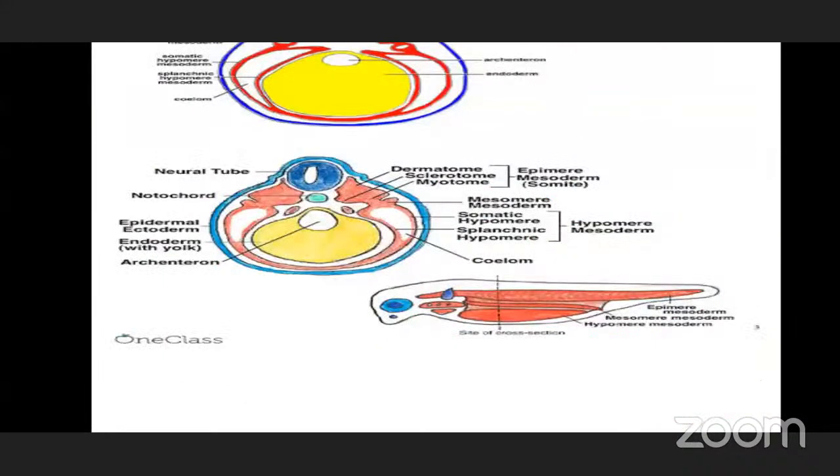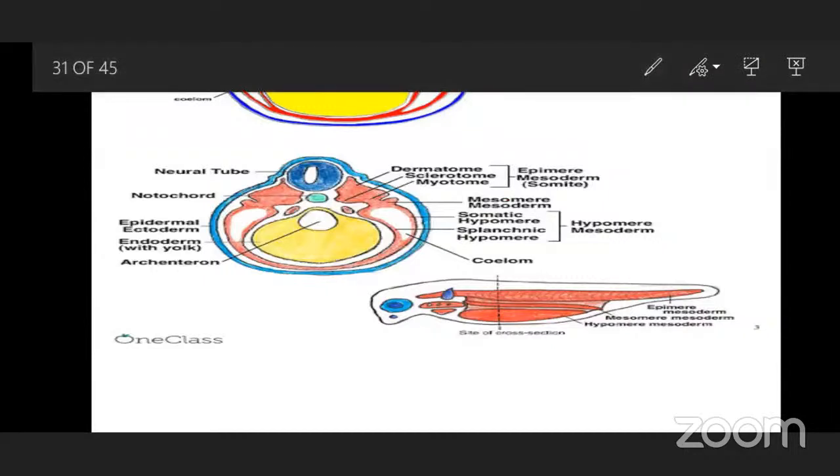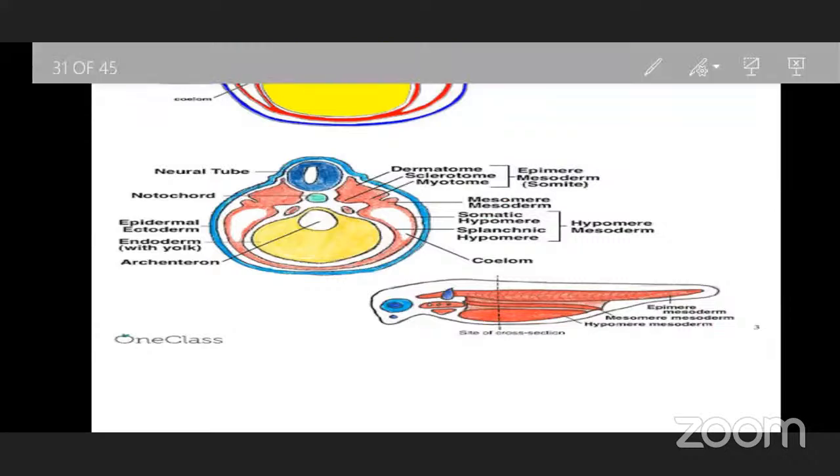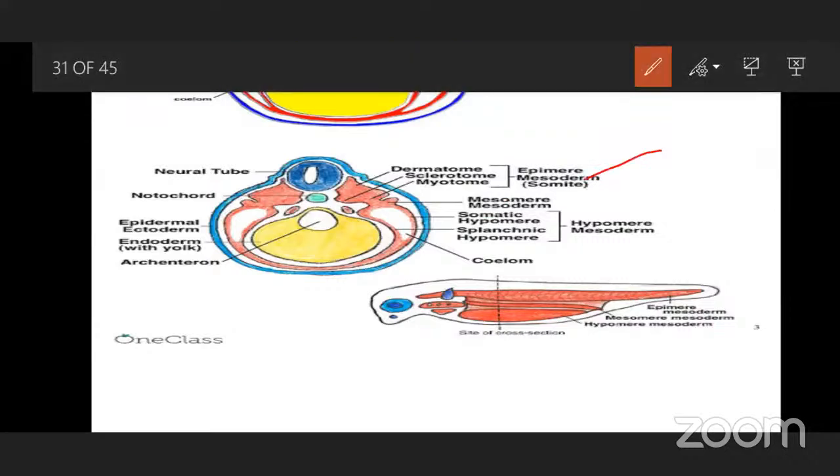Now you can see in this diagram, all the structures are very clear. Epimere gives rise to dermatome, sclerotome, and myotome, whereas hypomere gives rise to somatic hypomere and splanchnic hypomere. In between the somatic and splanchnic hypomere, you can find the coelom. And in the coelom, all the visceral organs are placed in our body.